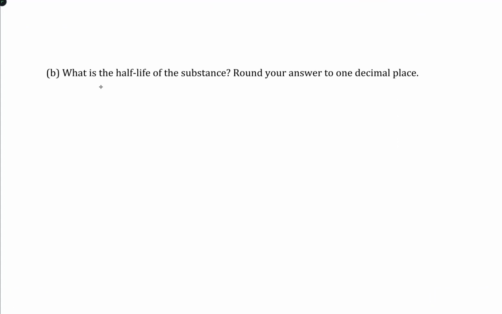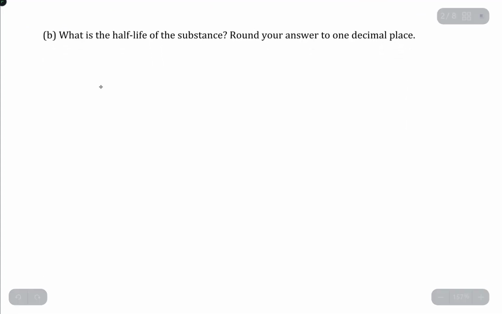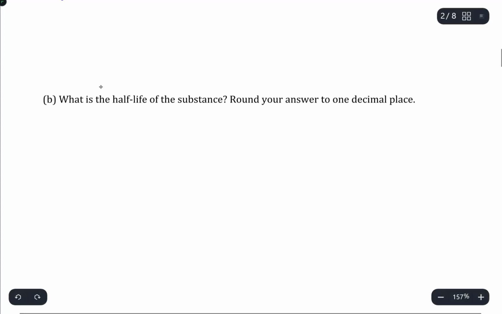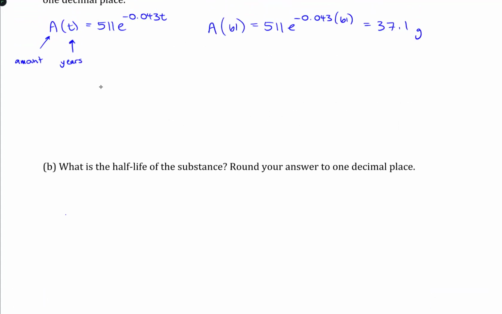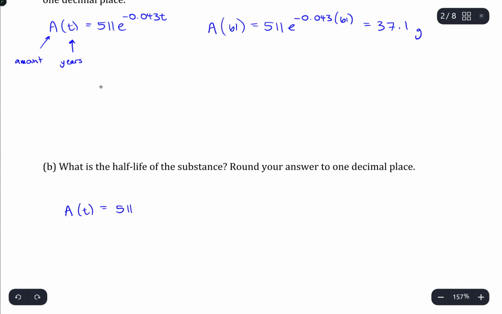So the half-life is an amount of time that it's going to take for the amount of radioactive material to decay to 1/2 of the original amount. So we still have the same model, A of t equals 511 e to the negative 0.043t.